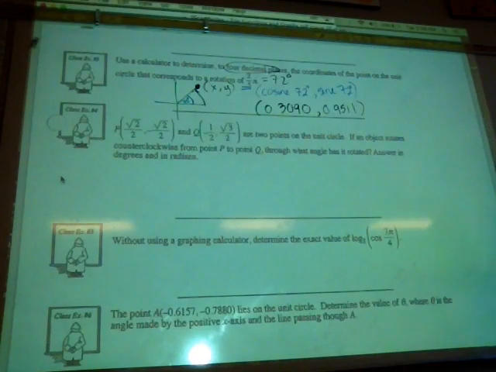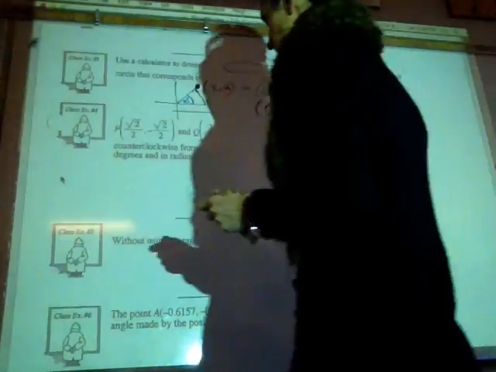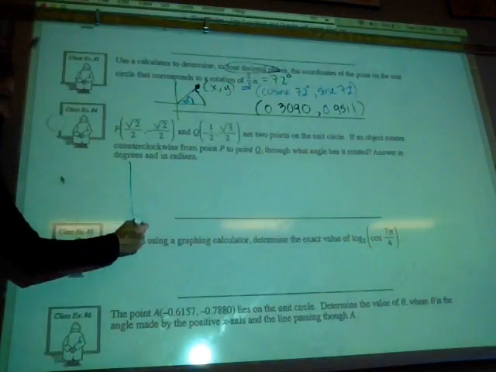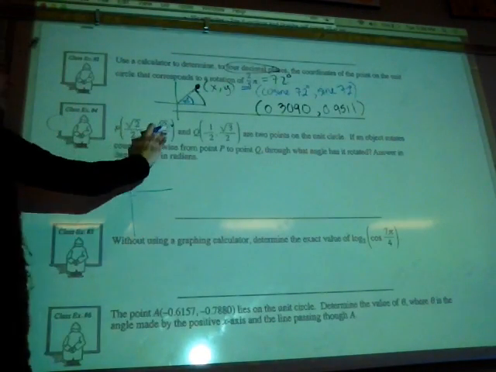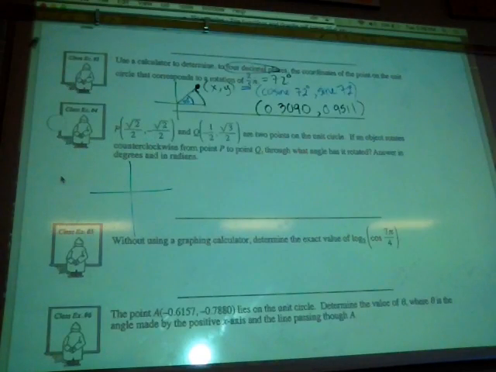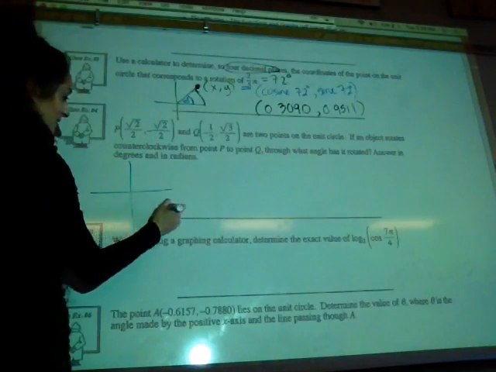Okay, next one we have 2 points. They're on the unit circle. An object rotates counterclockwise from point P to point Q. We have to figure out the angle that it's rotated. So I always like to draw a picture. Okay, P has a positive x and a negative y. Which quadrant? Yeah.